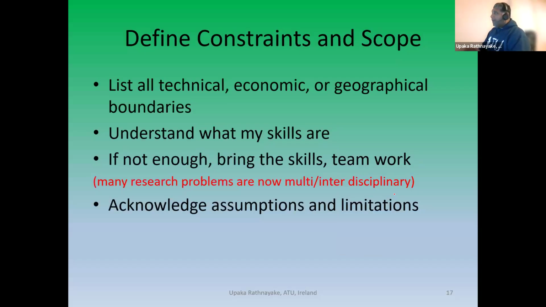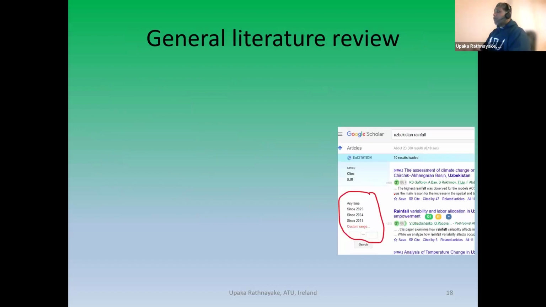So the next point is, once we understand these constraints and scope, so we have the research sketch, we have understood the constraints and the scope, then I go into the generic or general literature review. So I wanted to understand the background of this particular project.